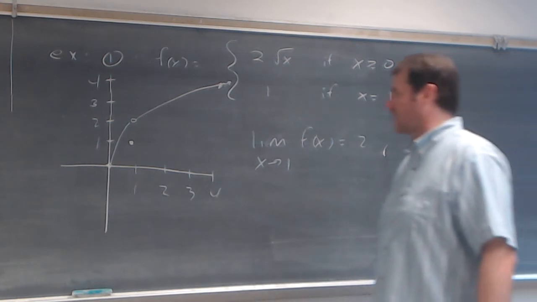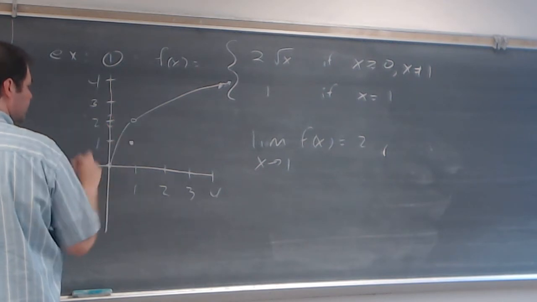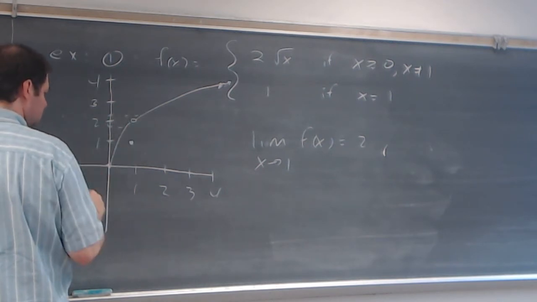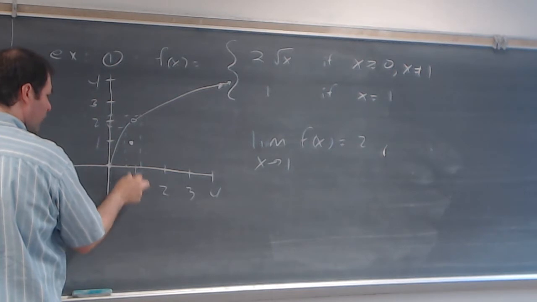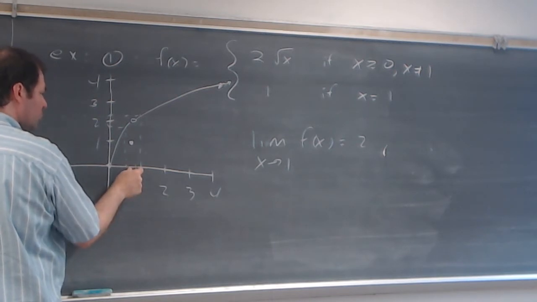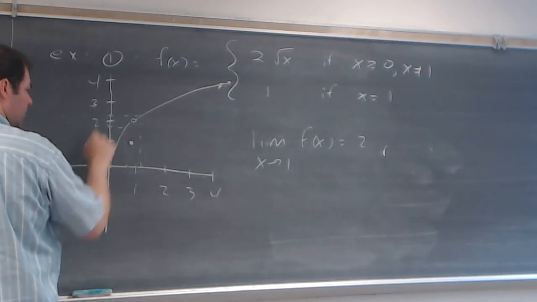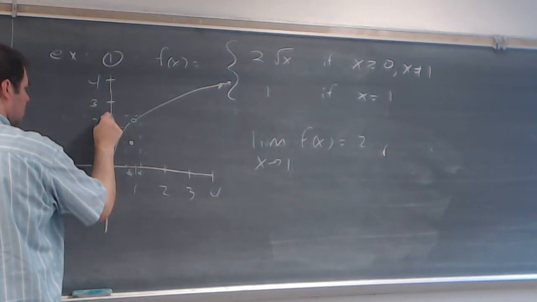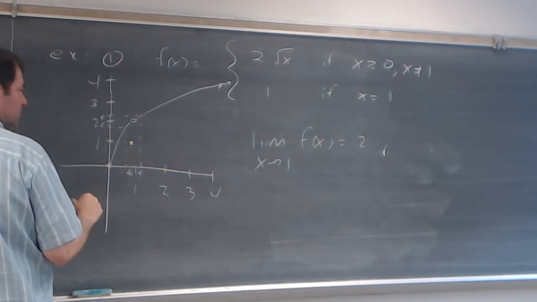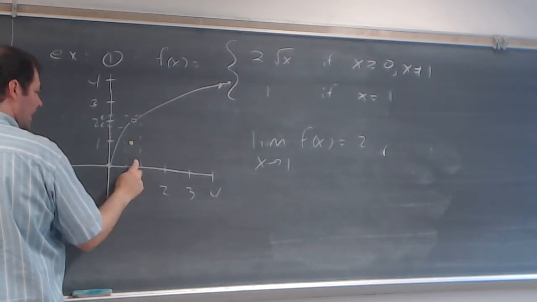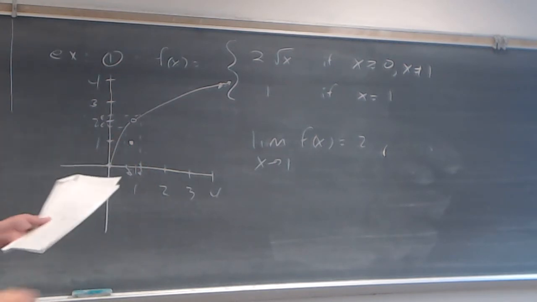And the reason is that if you take any epsilon distance about 2, then if I come down here and get within this region of 1, all the points within this region of 1 are sent by f to y values that are within epsilon units of 2. So you go above 2 by epsilon units, below 2 by epsilon units. That's true for all the points this close to 1, except for 1 itself. And we don't care about that. And so that's why this limit is what it is.